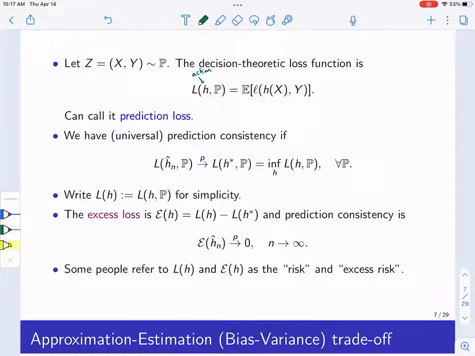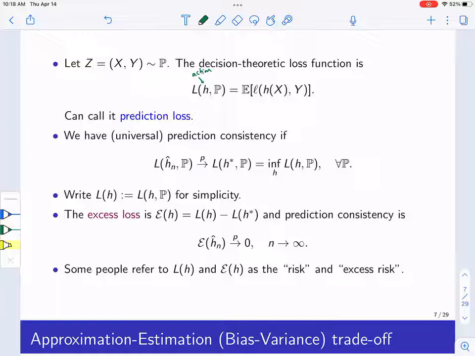And we want this to hold over all P, or a sufficiently general class of P. That's the idea of universal consistency translated to this setting. Sounds good? You can think of it as the generalization error converging to the optimal generalization error. For the future, I'm going to drop the P and just write L of H. This is again a deterministic quantity, which is performance on a future test point, averaged out over the future test point.